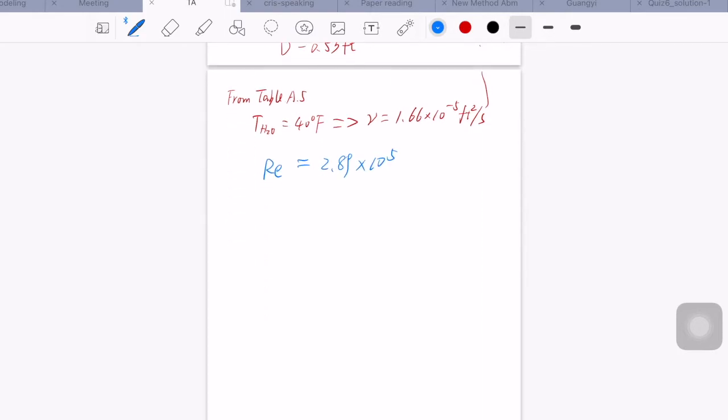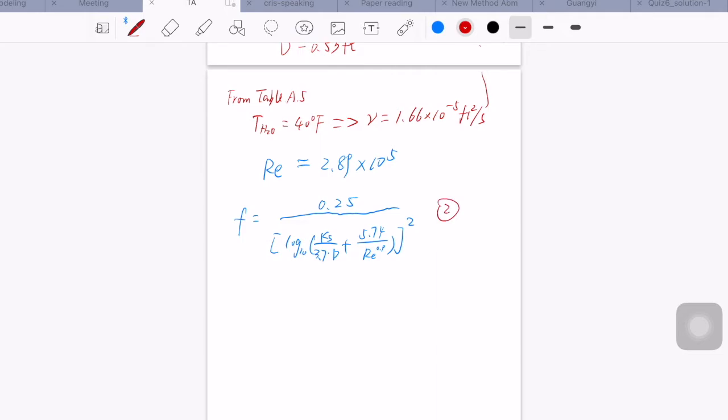And then we can use this equation to calculate the F. D plus 5.74 divided by the Reynolds number to the power of 0.9, squared. We consider this equation as equation 2.